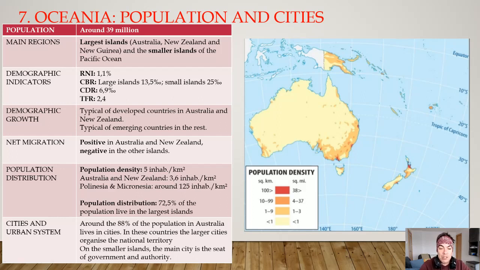In these countries, the largest cities organize the national territory. Okay, all this territory is organized from these areas. And on the smaller islands, the main city is the seat of government of the authority. So in the smaller islands, they usually have a single city in the island, which is the economic and the political center, and in which the authorities live.